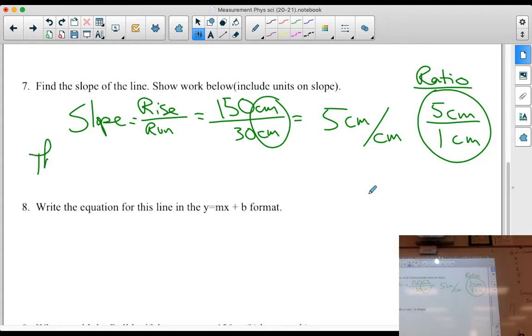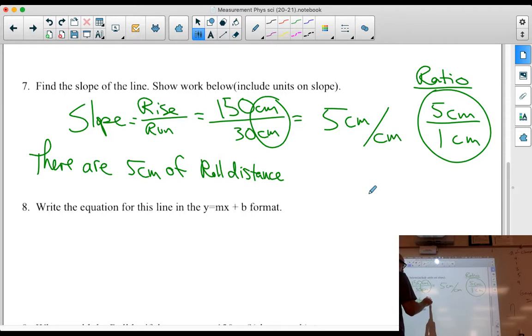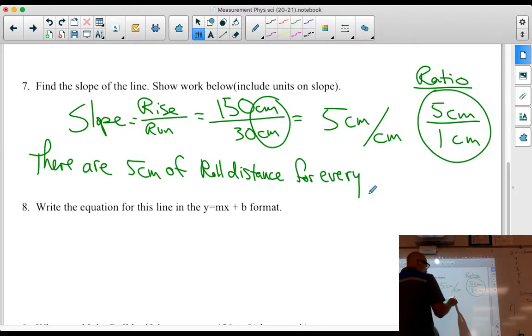There are 5 centimeters of what? Roll distance. 5 centimeters of roll distance for every, or per, for every 1 centimeter of what?